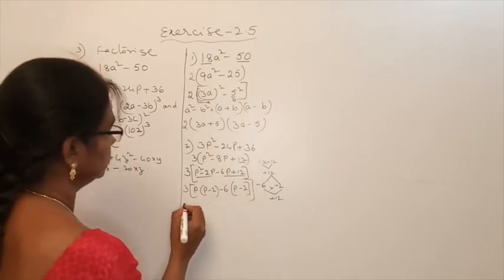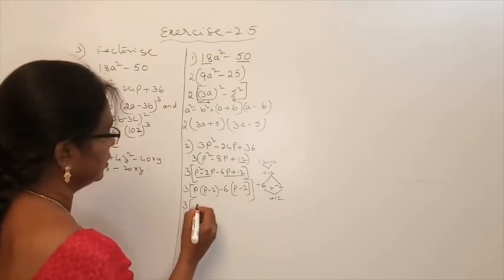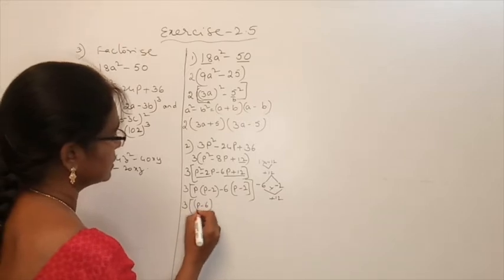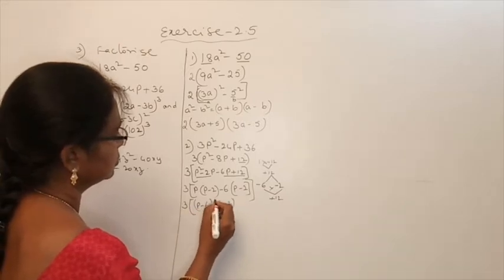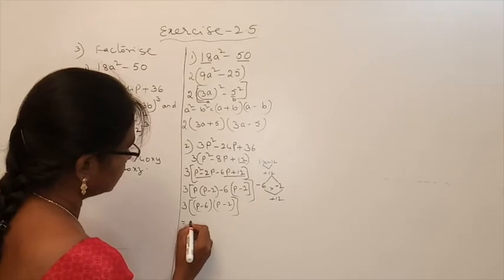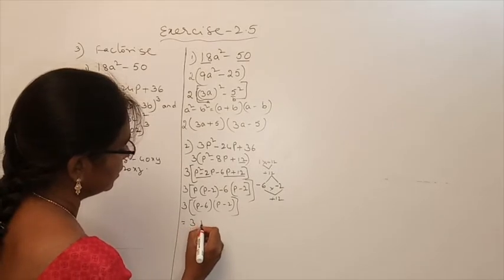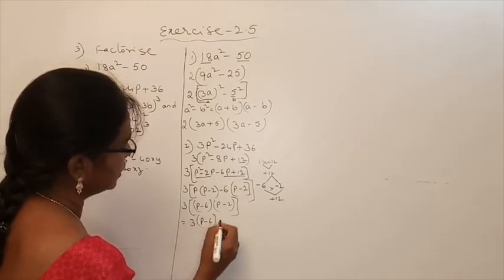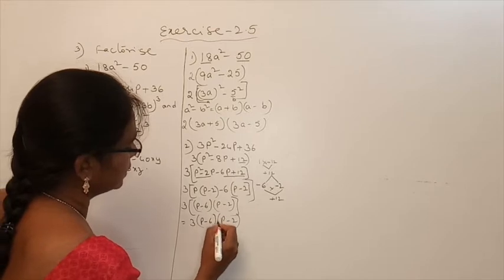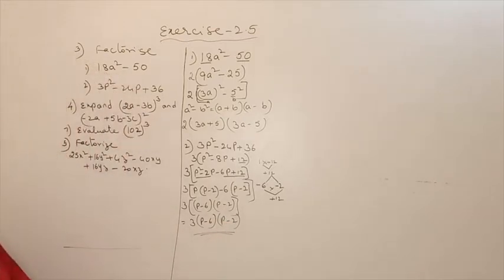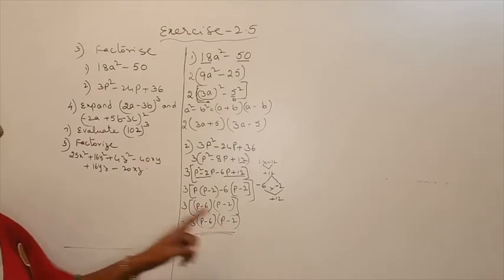Now 3 into p minus 6 into p minus 2. Then what are the factors? 3 into p minus 6 into p minus 2.